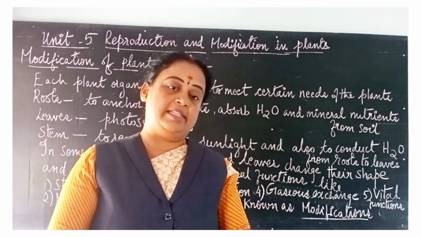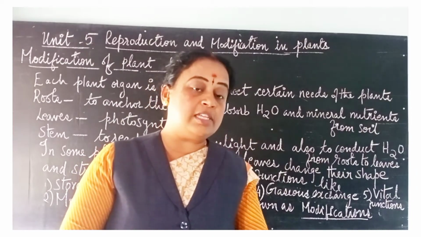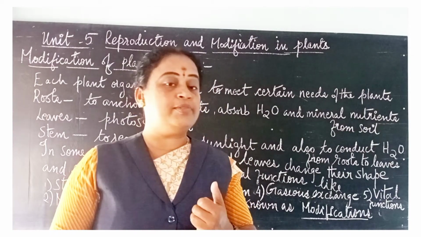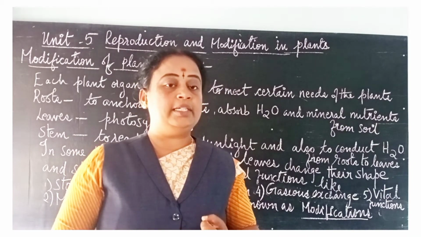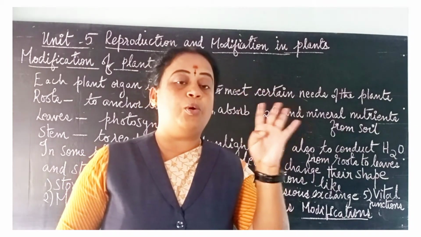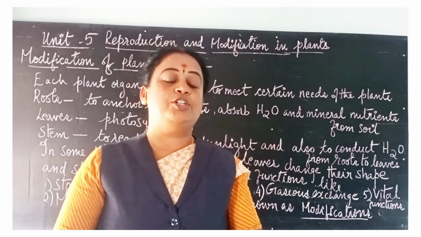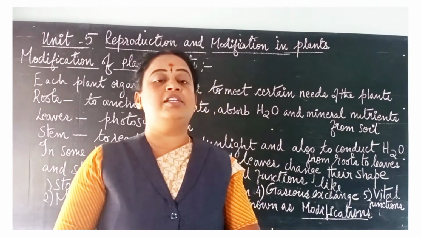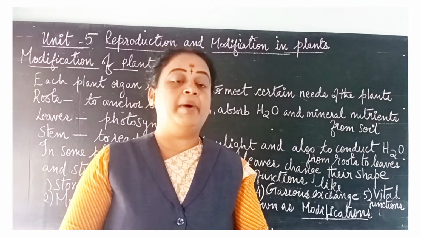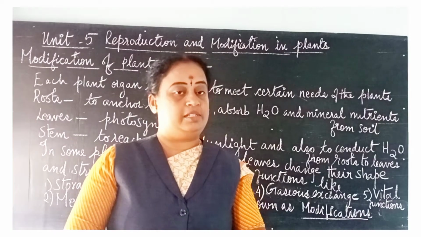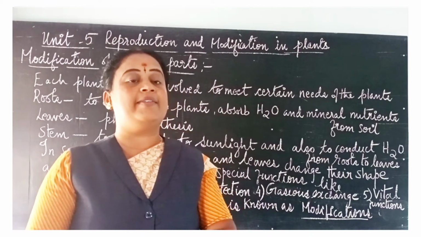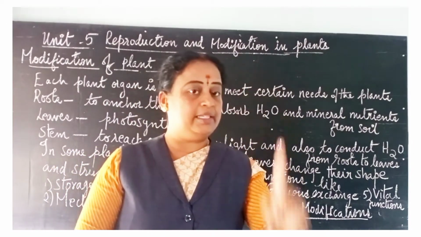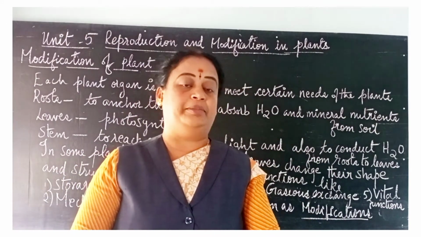So it is a process of synthesizing food with the help of sunlight, carbon dioxide, water and chlorophyll. These four components should be there for the synthesis of food by the leaves during photosynthesis. So the ultimate function of the leaves is photosynthesis, that is, the preparation of food.